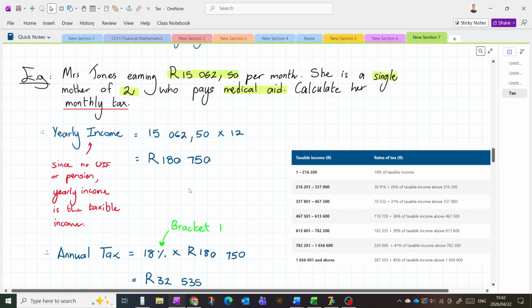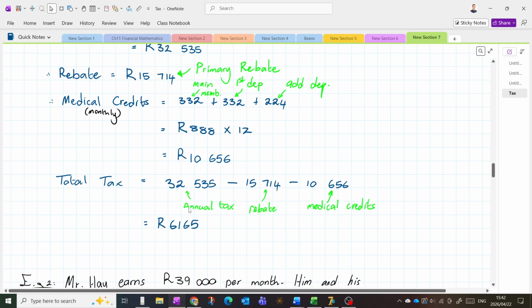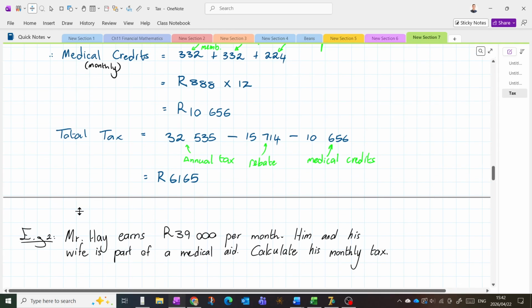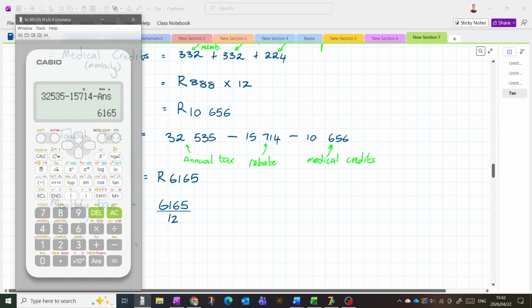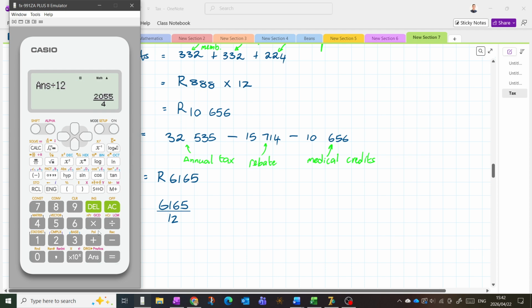They wanted a monthly tax versus an annual tax. So make a little bit more space. Let's say monthly tax. That is going to be the 6,165 Rand divided by 12 months in a year. So let's see, divided by 12.